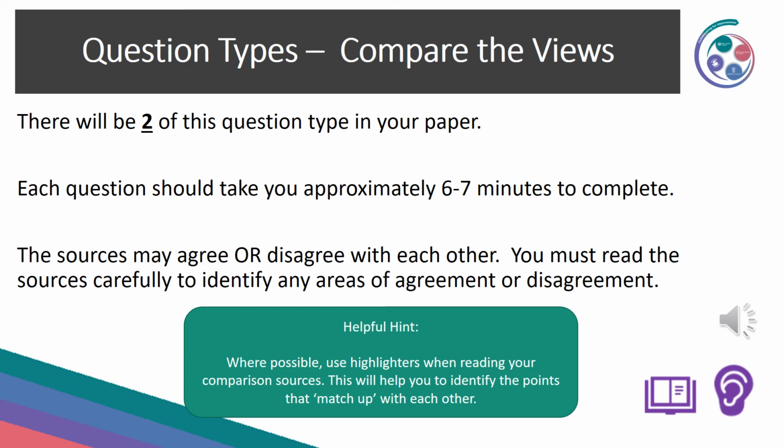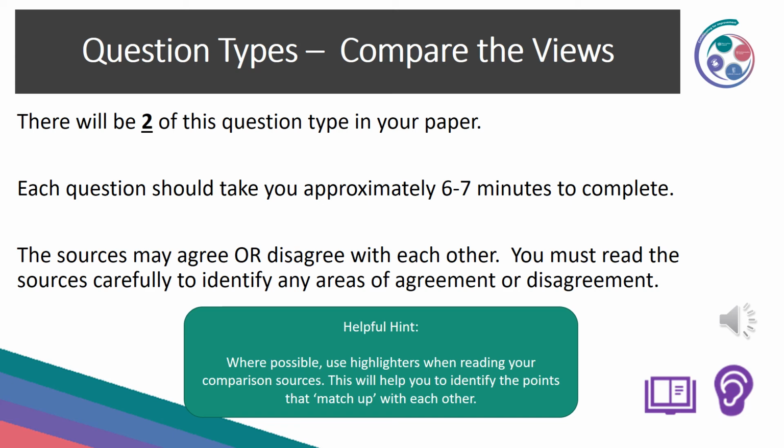There will be 2 of this question type in your paper, and just like the describe and evaluate the usefulness and your 9 marker, they can appear in any section of the paper. Each question should take you approximately 6 or 7 minutes to complete. It's very important in this case that you read the sources carefully, because they may agree or disagree with each other.